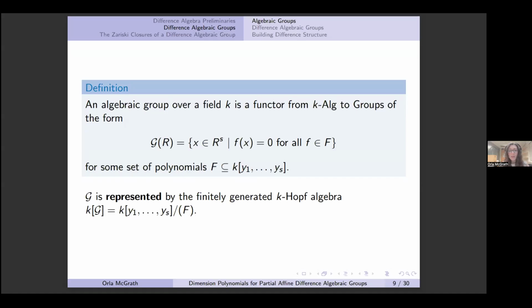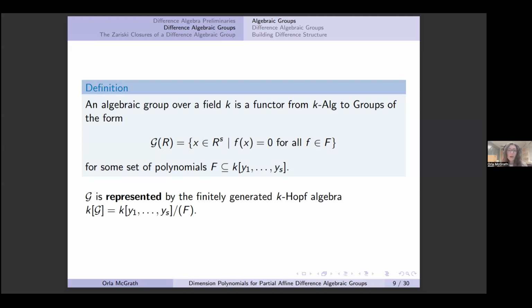And we might call this either the coordinate ring or the representing algebra of an algebraic group. There's a few ways we can think about this intuitively. You can think about it as maybe the ring of functions on your algebraic group.